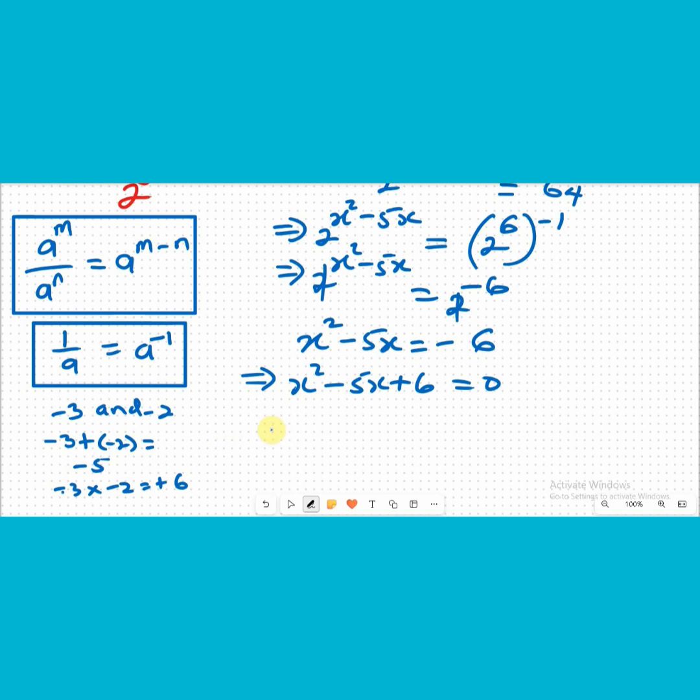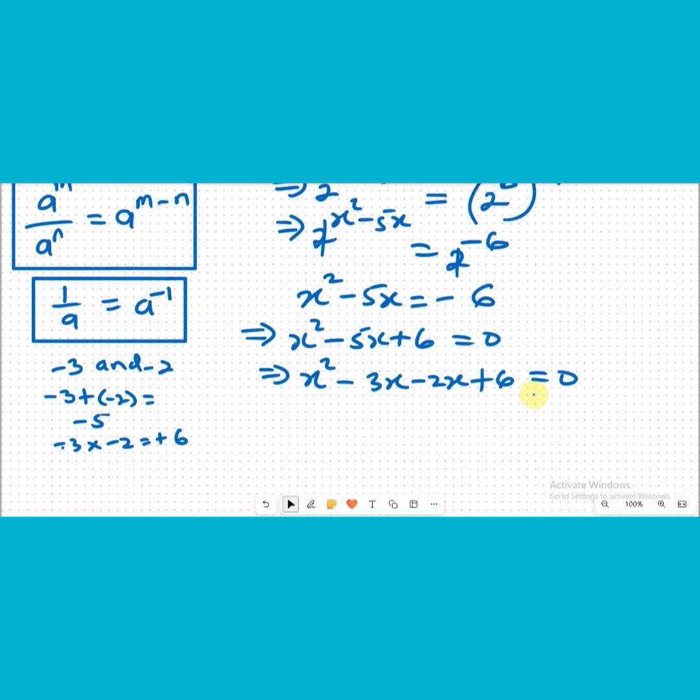What I need to do next is replace the middle term, minus 5x, with the two numbers. So this becomes x squared minus 3x, then minus 2x, then the constant plus 6, is equal to 0.